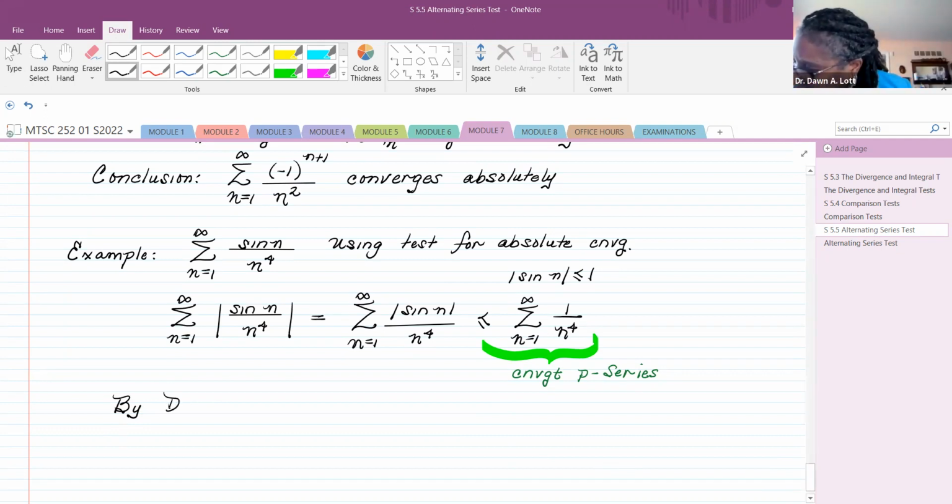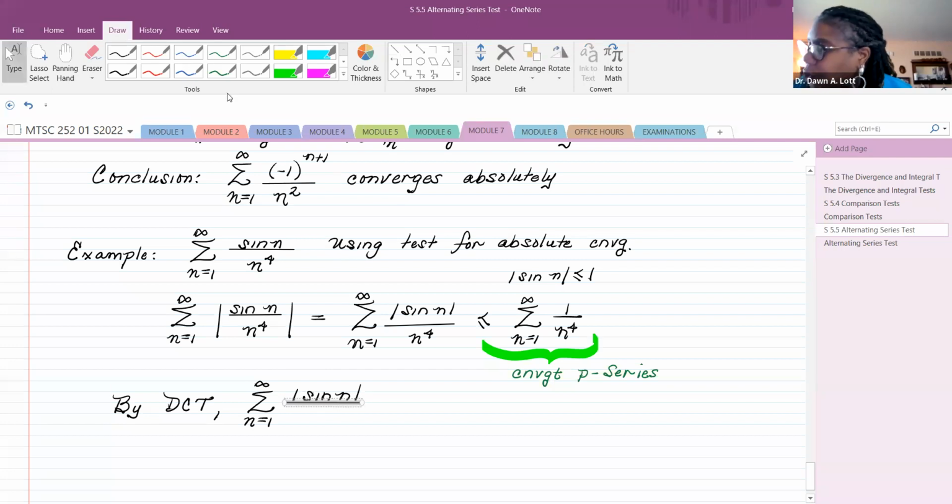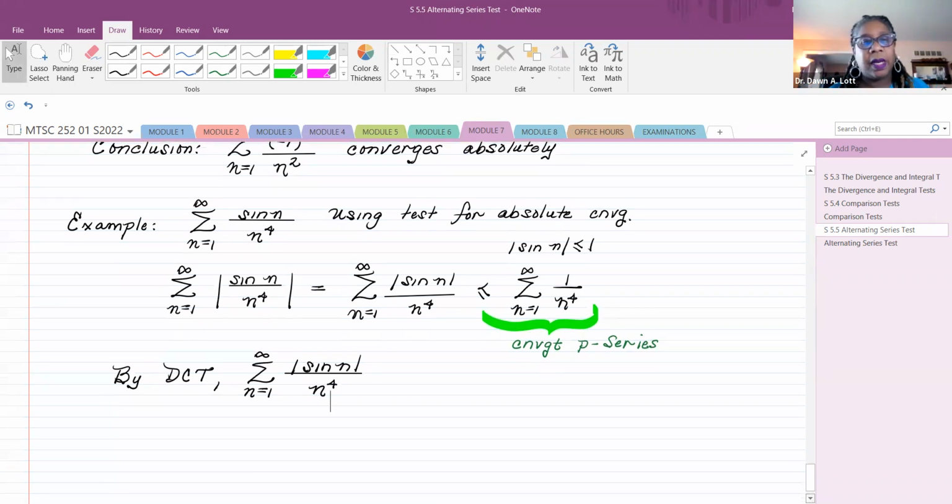So by the direct comparison test, the summation n equals 1 to infinity of the absolute value of the sine of n over n to the 4th converges. So we showed that this converges by the direct comparison test. All right.